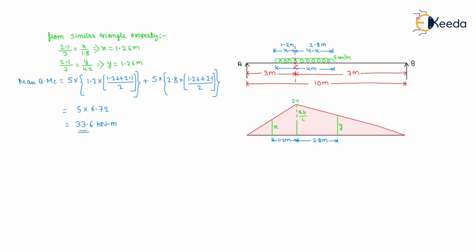Now for finding the maximum bending moment at C, we need to multiply this UDL intensity, that is 5 kN per meter, with this area.